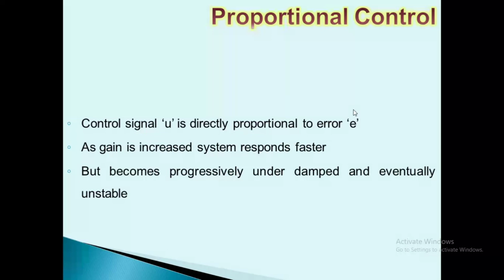Because in industry, there are a lot of parameters which are to be controlled. For example, take a power plant where we are using a boiler. Inside the boiler, we need to maintain the temperature. Let us assume we need to maintain the temperature inside the boiler at 550 degrees Celsius. In order to control that temperature, we require these kinds of controlling actions.